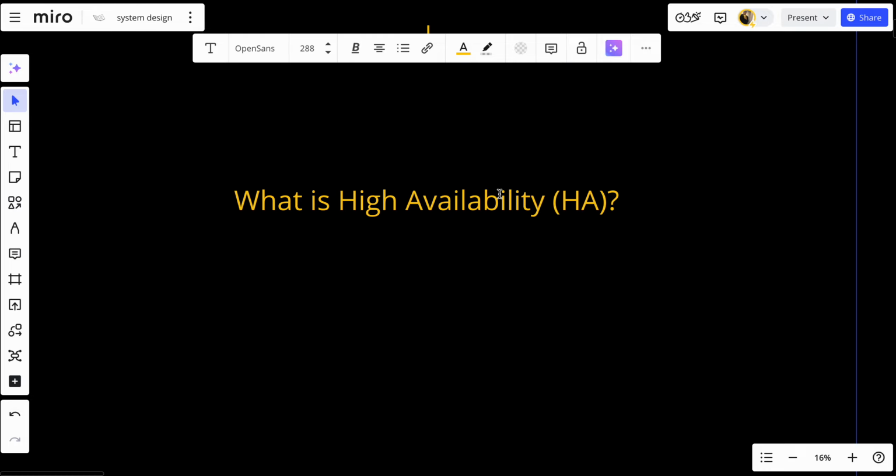First, let's understand what high availability is. High availability means that your system is operational and accessible for the vast majority of the time, often represented by uptime such as 99%, or even five nines, which is 99.999%.